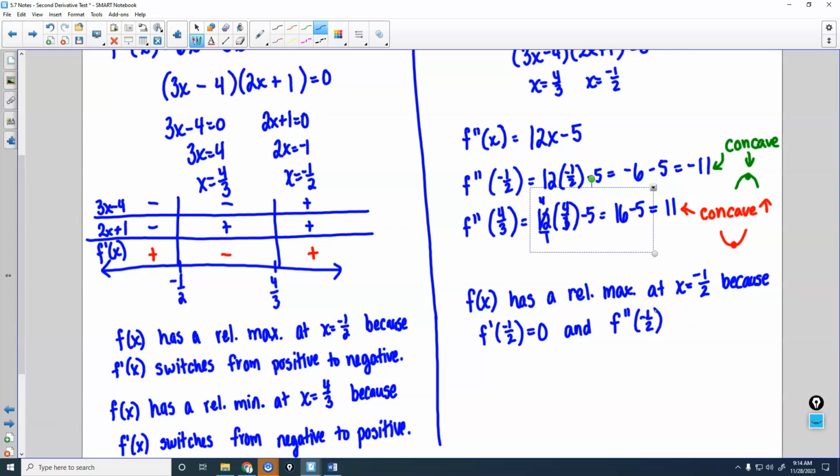I would not say equals negative 11 because you need to definitely have the work where you show that it equals negative 11. But here you need to show them that you know the sign of that is what matters, not the value but the sign. So that is less than 0.